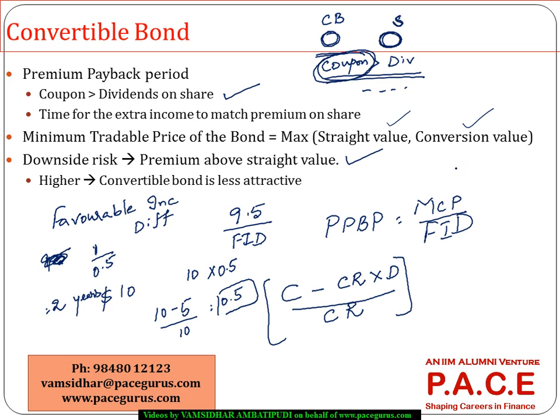So all I am talking about is the premium above the straight value: 95 minus 92, divided by 92, which gives the premium over the market price. That is a measure of the downside risk associated with the convertible bond. So the higher the downside risk, the convertible bond becomes less and less attractive, and vice versa.